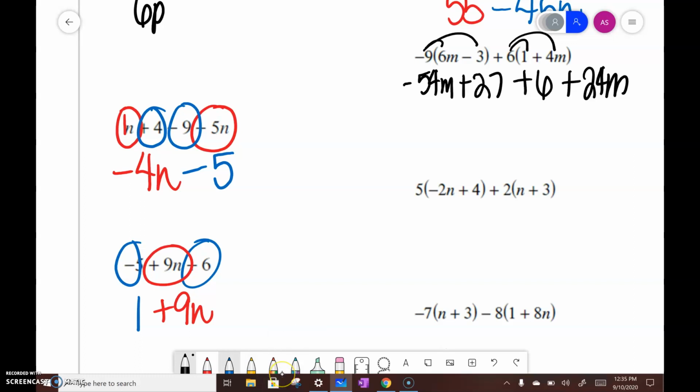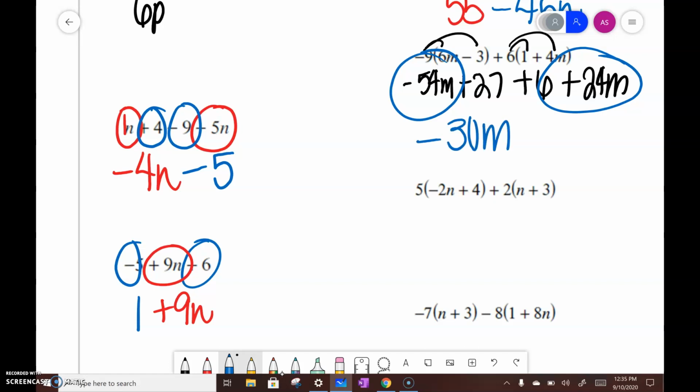Okay, so from here, I want to combine my like terms. Again, notice that I'm circling the sign in front so we can know the value of the number, whether it's negative or positive. So from here, I'm going to have negative 30m. And then here, I have positive 27 and positive 6. That's going to give me positive 33.